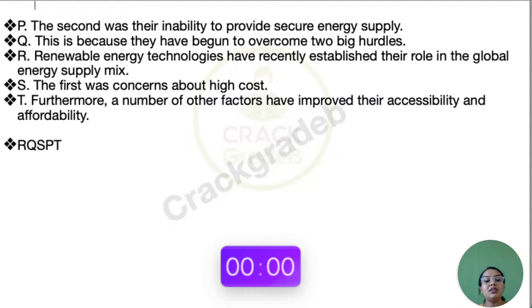And the third thing is, as you read, mark some hint words. What are the hint words here? The word second means there might be mention of two things. Was their inability to provide secure energy supply. So first we have to mention that there are two. Out of two, first is something, and then I will talk about the second one.